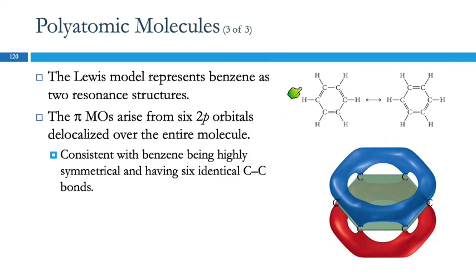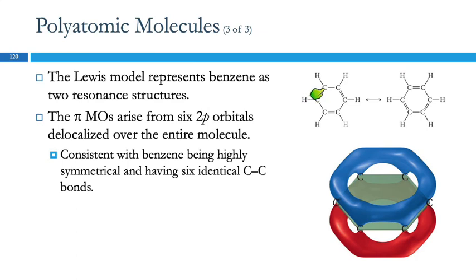So this is the benzene molecule. It's a 6-membered carbon ring, and in the Lewis structure, we draw it with alternating double and single bonds. And so we have the 2 resonance structures where the double bond is just shifted to a different position. So neither of those really describes what's going on.